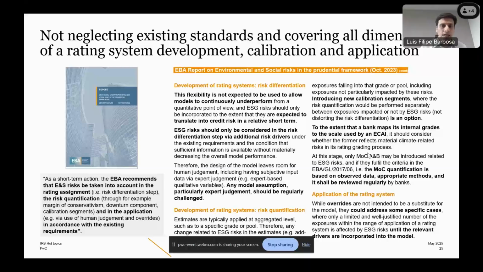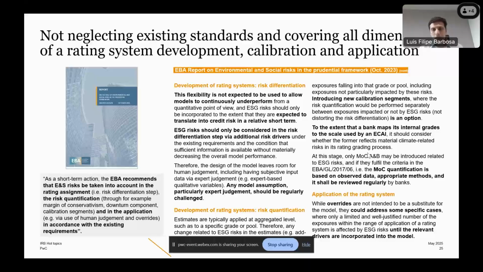So for any additional variable or additional risk factor being inputted, if it is anchored on expert judgment, extra challenge should be brought into the equation. It should be demonstrated that there is indeed an effect, a translation into increased credit risk profile, either through increased frequency of default or even a reduction in the prospects of any recovery.